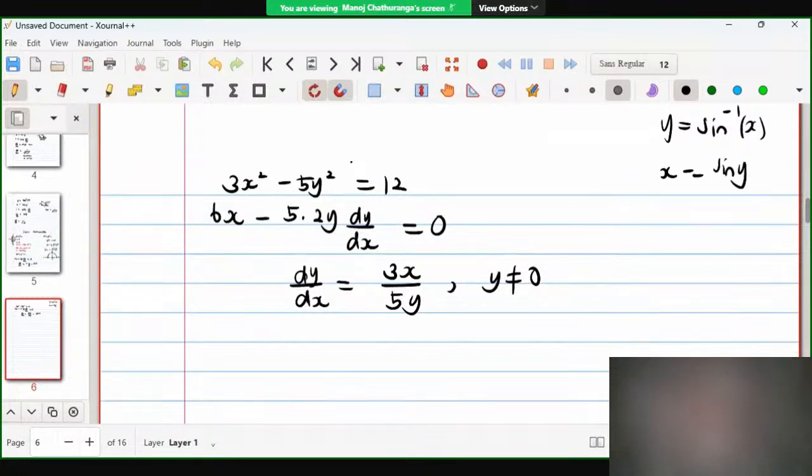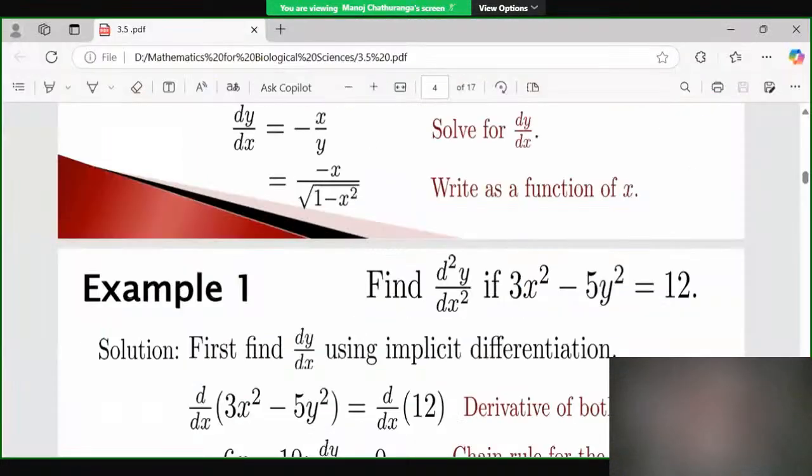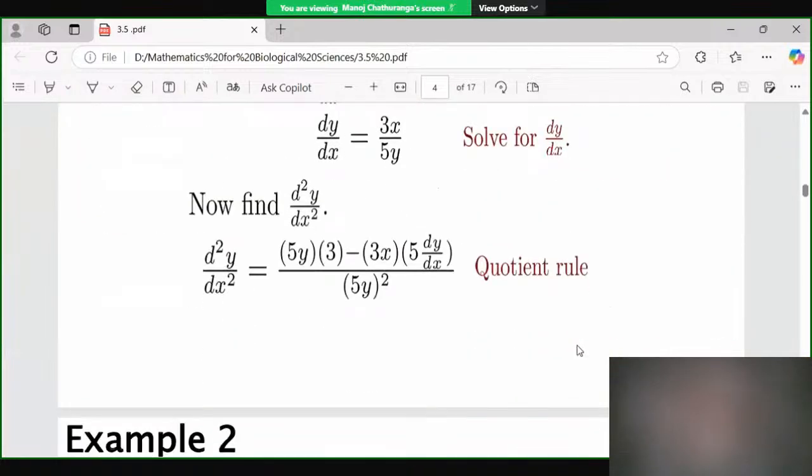These examples are really simple, but at the same time, they expand our horizon. That means with this implicit differentiation technique, we can differentiate even other things other than the usual functions.